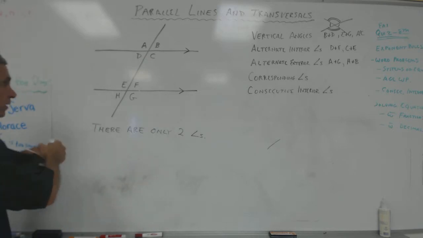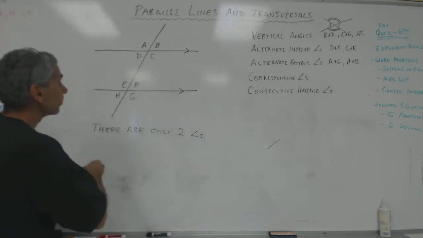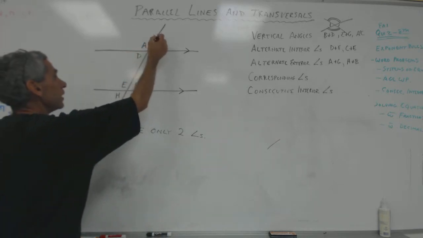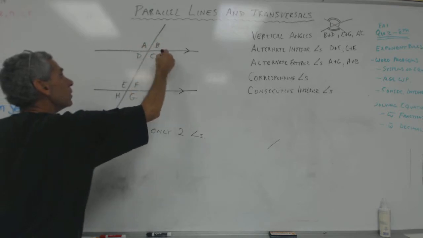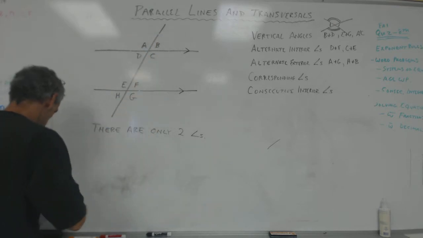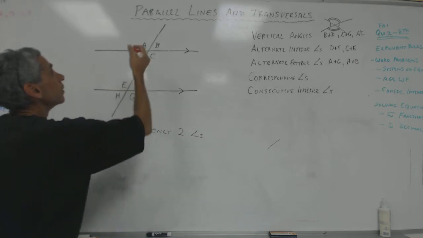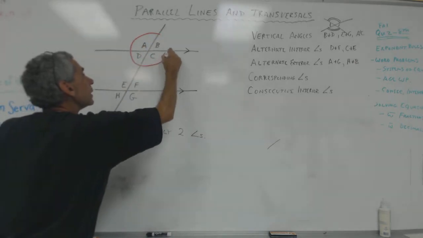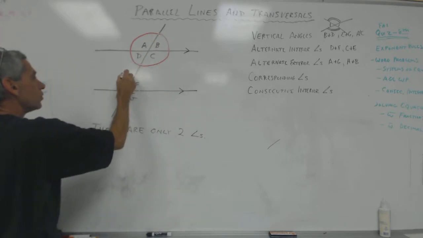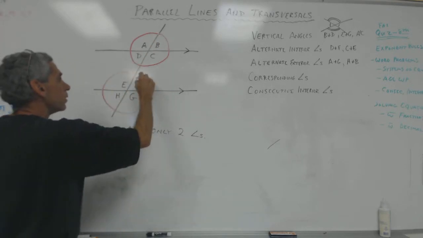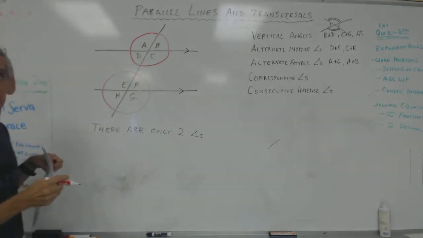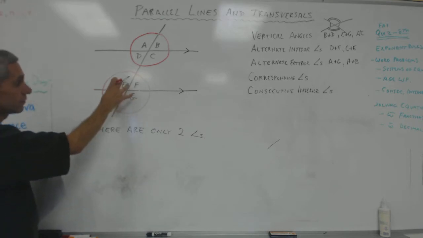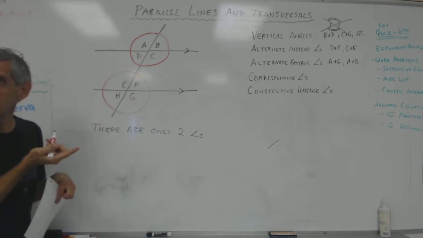If I drew a line, this is the one that most people have the hardest time getting. But think about it. If I drew a circle there and I draw a circle here, it looks like the same thing, right?